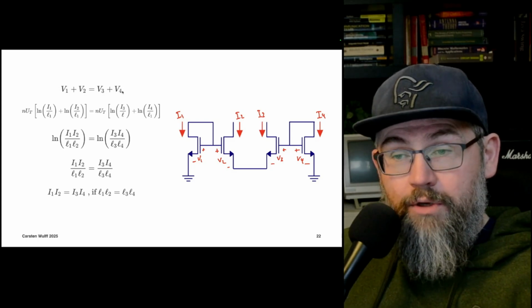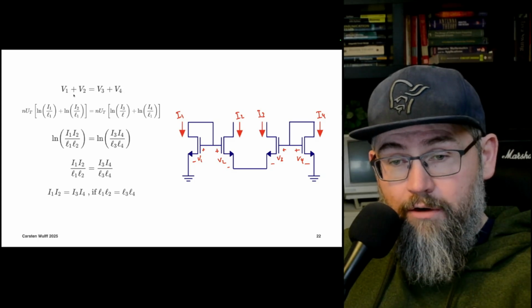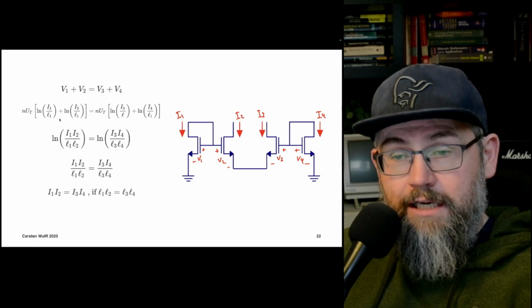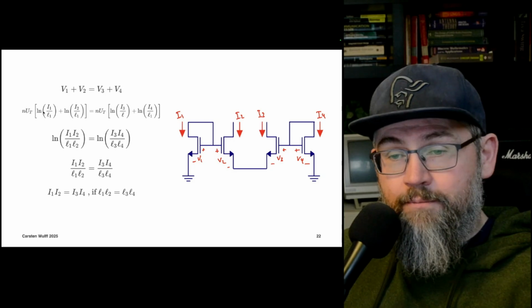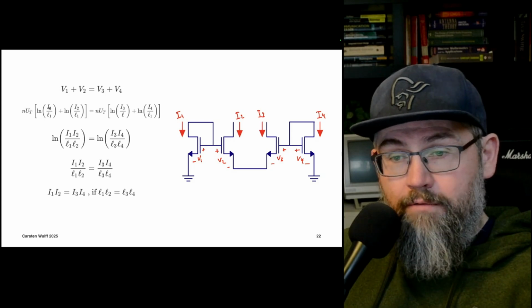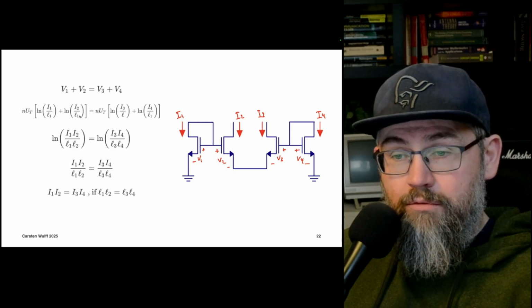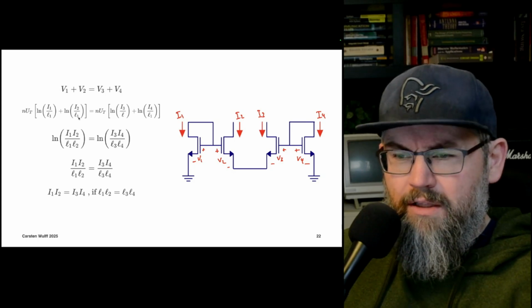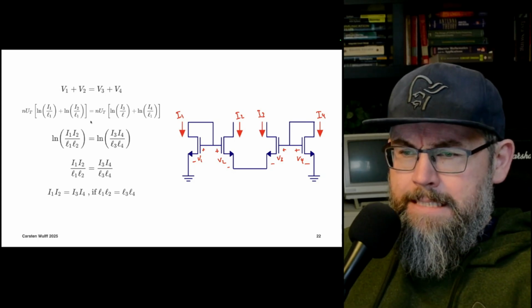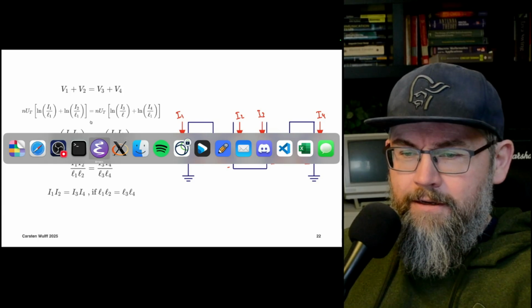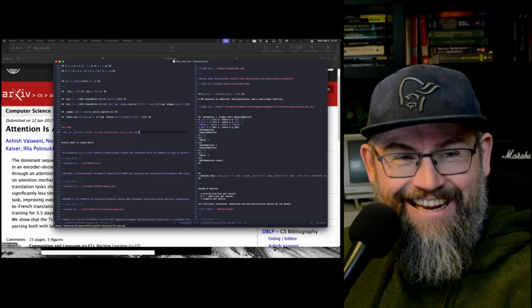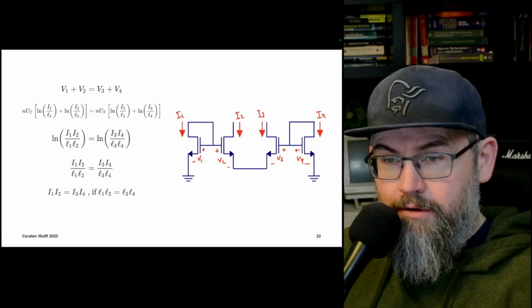And now we can use that VGS equation that we had earlier to insert for what that actually means. So we have the nUT, and we have the logarithm of I1 divided by L1, I2 divided by L2. Let's just fix that. Okay, now it's fixed.